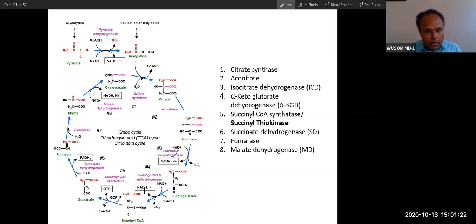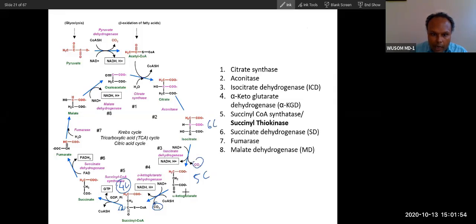So this is dehydrogenase. Now, after dehydrogenase, you can see here this is alpha ketoglutarate. This is a 5 carbon. Because of isocitrate dehydrogenase, carbon dioxide is removed, and this 6 carbon becomes 5 carbon.